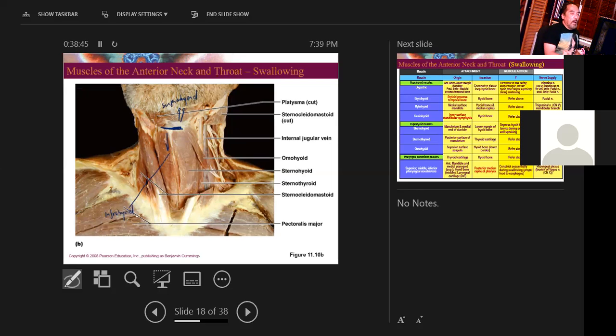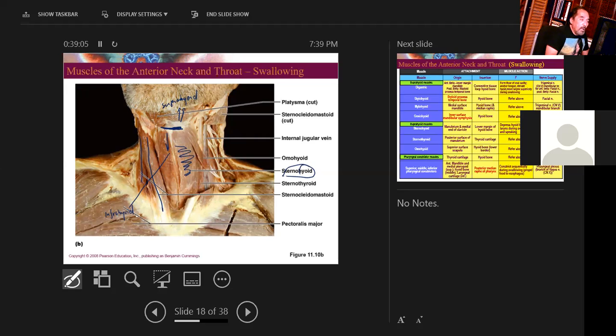Okay, then I have my sternocleidomastoid. And since this covers the whole trachea, this is going to be my sternohyoid. Remember, they last with the name hyoid. Okay, sternohyoid.